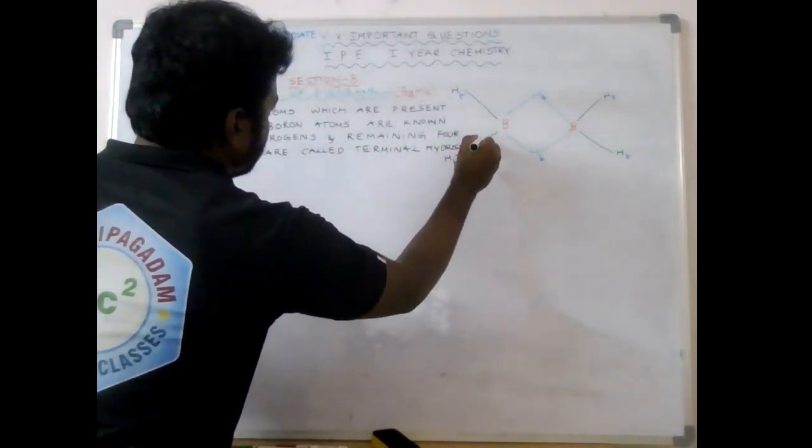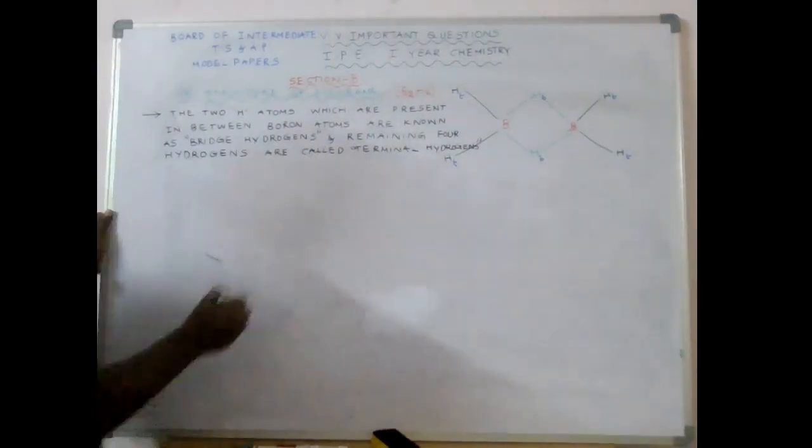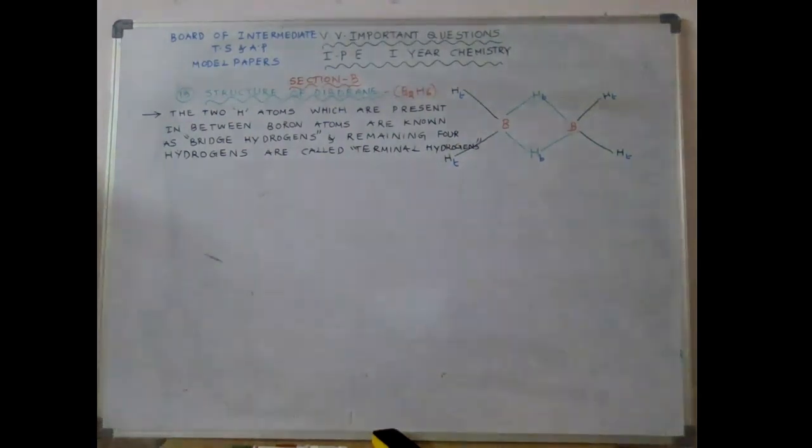These are terminal hydrogens, and those between the two boron atoms are called bridge hydrogens.